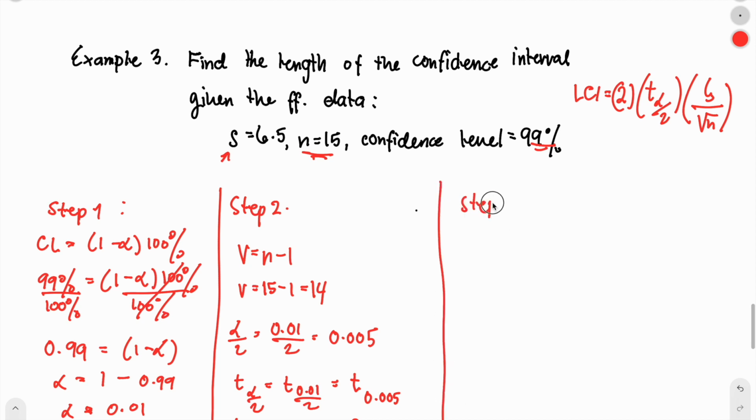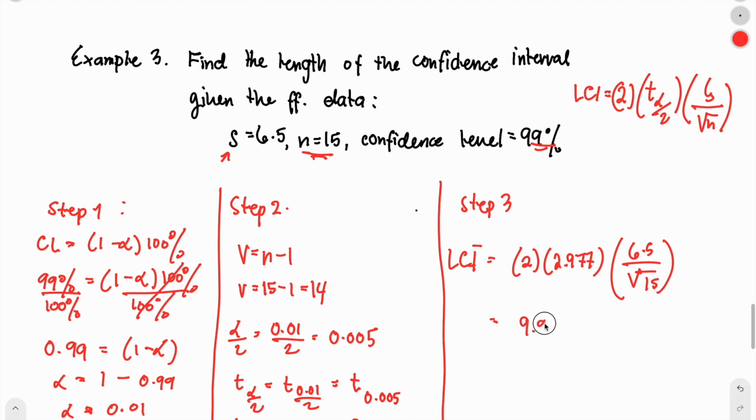Step 3, LCI. We solve for the LCI. 2 times 2.977 times 6.5 over square root of 15. This is what? 9.99.